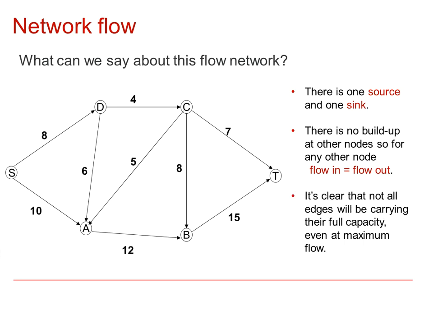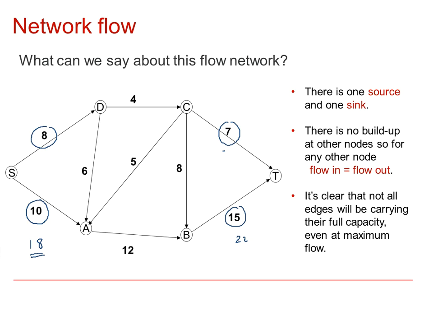Clearly if you look at the possible total that comes out from S, we've got 8 and 10, so possibly we could have 18 coming out of there, and 7 and 15, it's possible for 22 to flow into T.